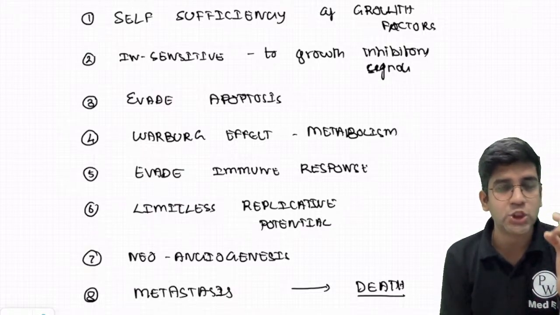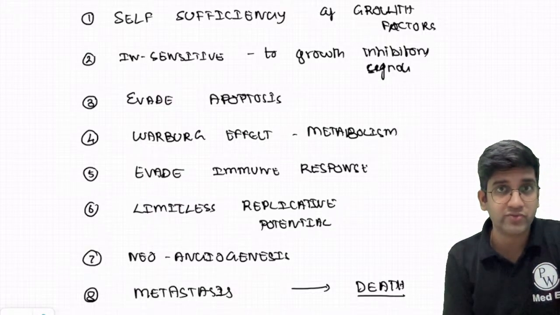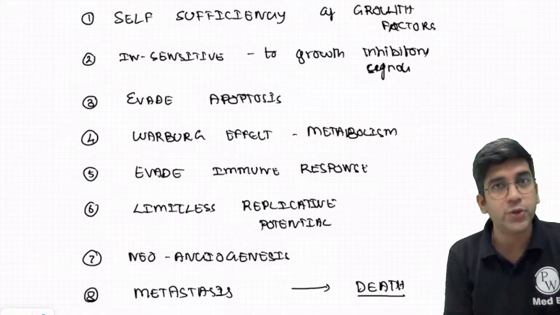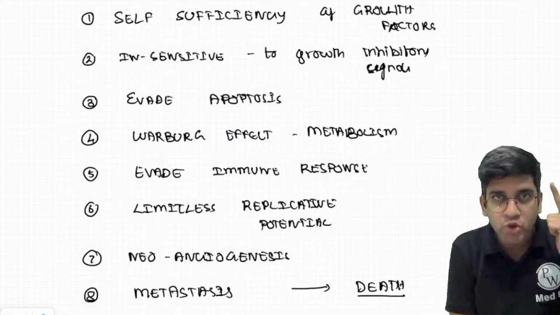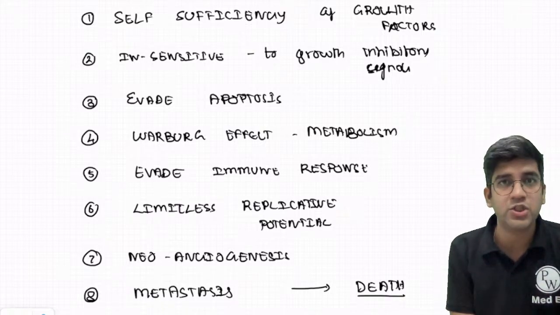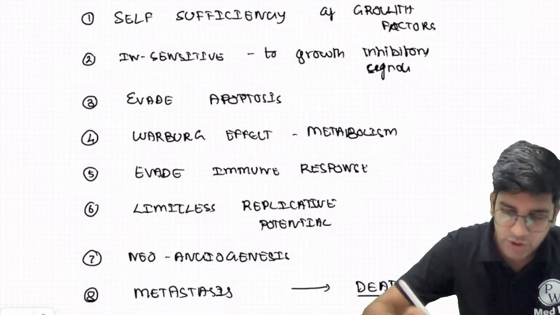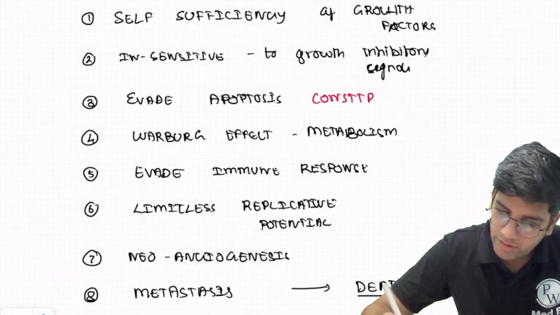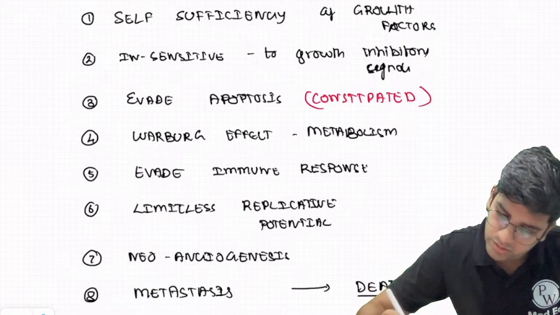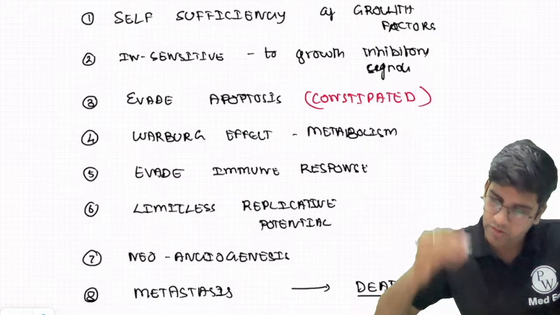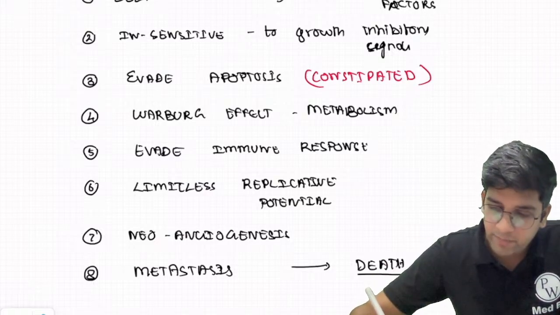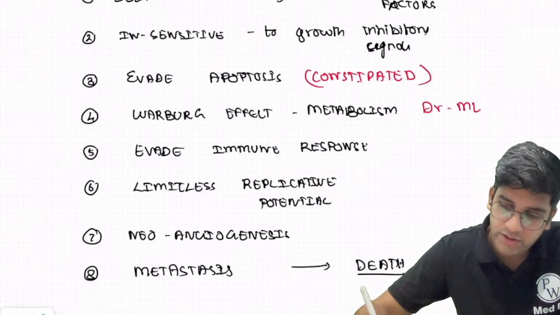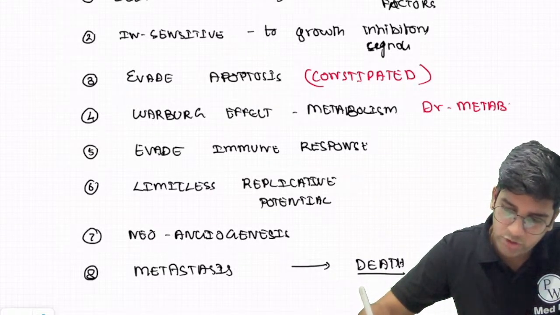A tumor does not require cell growth factors. It automatically grows due to mutations. You cannot stop the growth, as tumor suppressor genes won't work. Evasion of apoptosis, we compared it with the constipated kid. I'm just going to write whatever we compared it to, right? Okay. So the Warburg effect we compared with the doctor who called the kid as having a metabolic disorder.